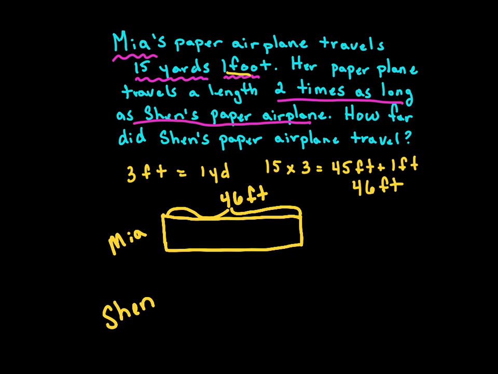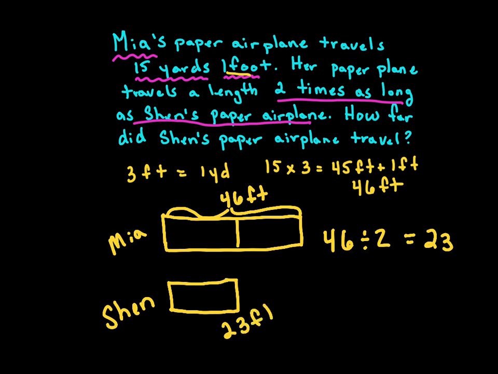So he is that halfway mark. So this is half. So half of 46, well, 46 divided by 2, because when we say a half of a number, we're basically dividing by 2. So that would be 23. So Shen's paper airplane went 23 feet.